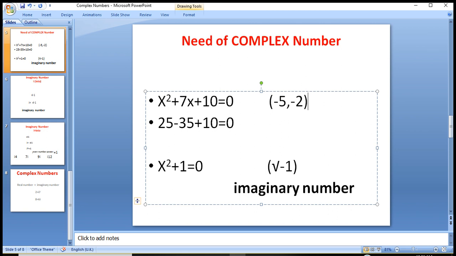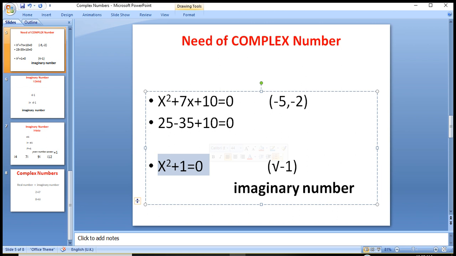But we have this equation, x square plus 1. This is a quadratic equation. If we fill in any real number, it doesn't come 0.